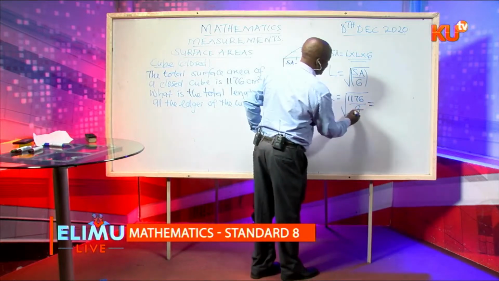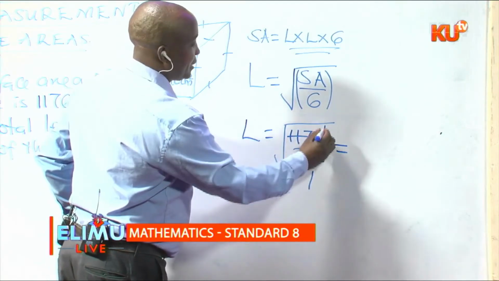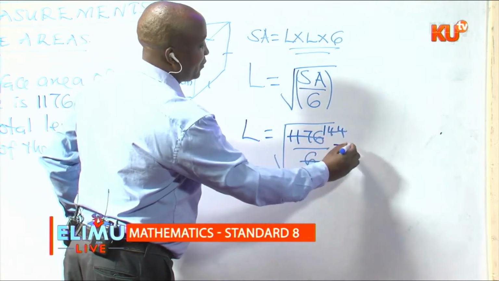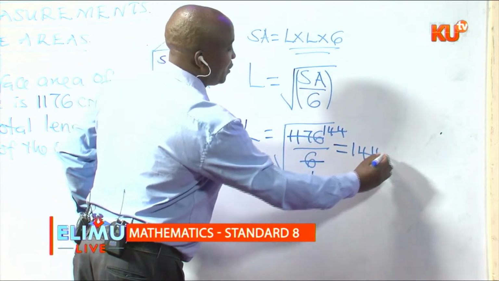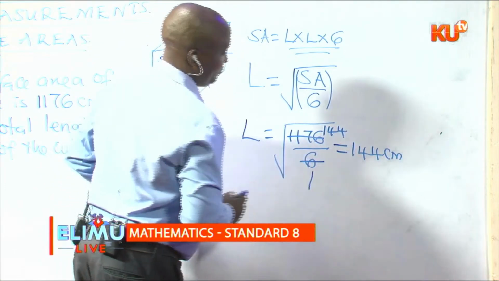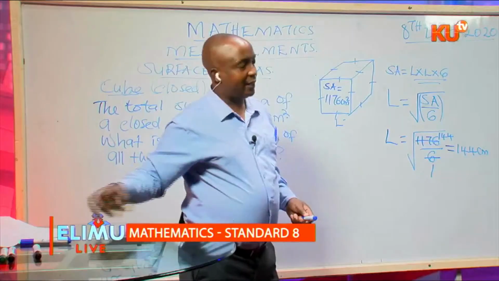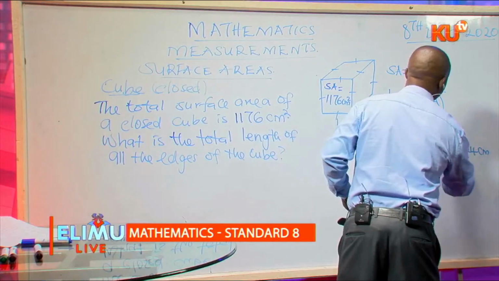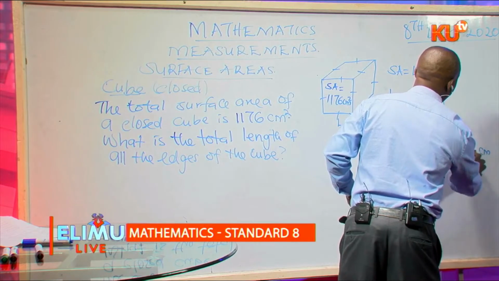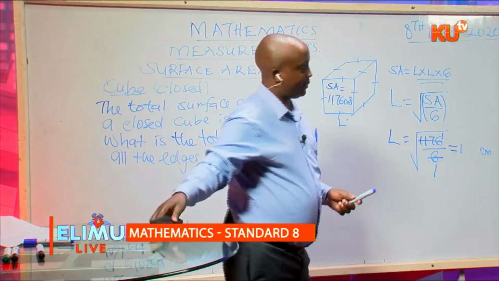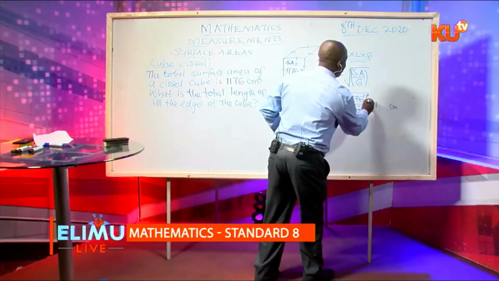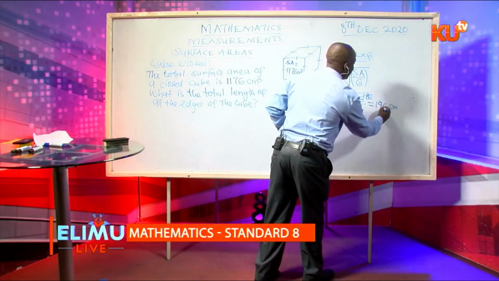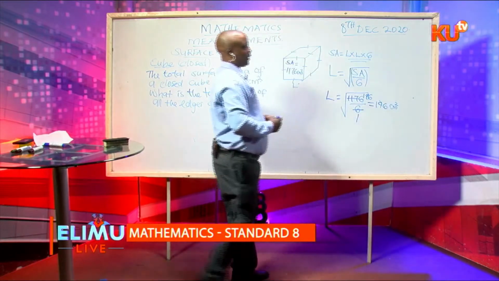So we are going to divide 1176 by 6, we have 144. Sorry, not 144. It is 196. I think I'm moving faster. So 196 centimeters squared.